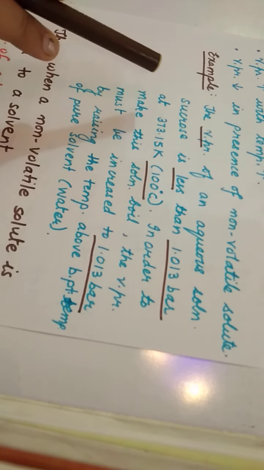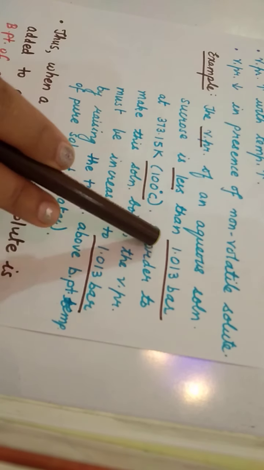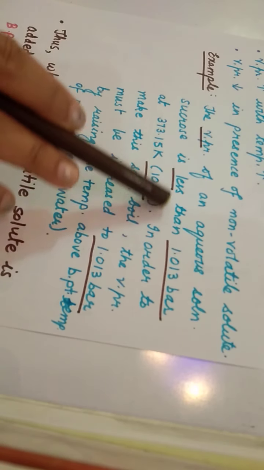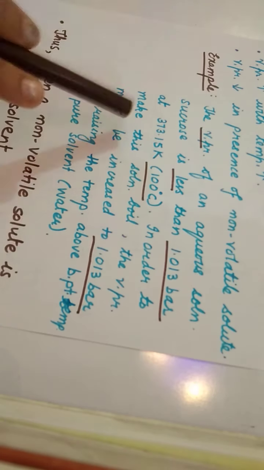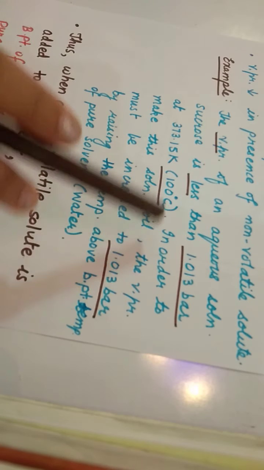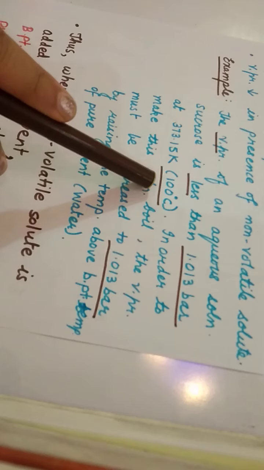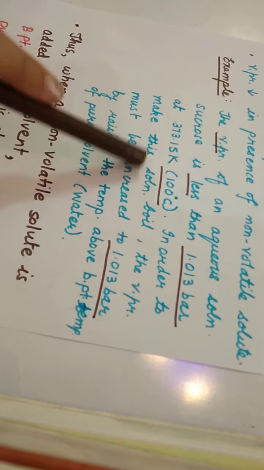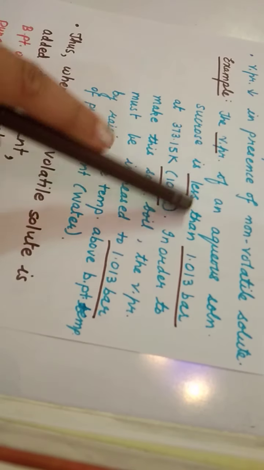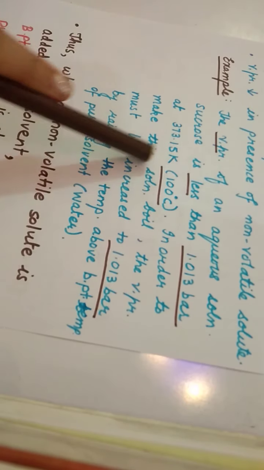So to boil this aqueous solution of sucrose, where sucrose is a non-volatile solute, the vapor pressure is less than 1.013 bar at 100 degrees Celsius. This is the boiling point of the pure solvent, water, which we have taken in this solution of non-volatile solute and water. If you want to boil this solution, then you have to raise the temperature above the boiling point of the pure solvent, that is water.